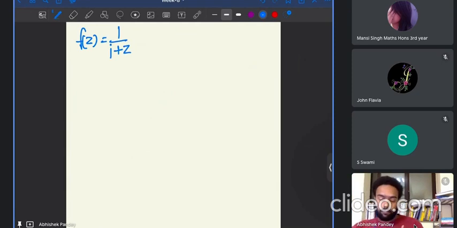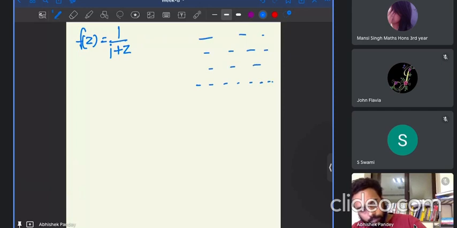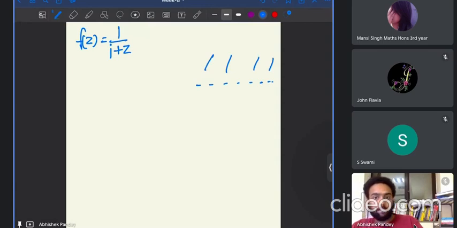So this is holomorphic on the upper half plane, isn't it? But it is not holomorphic in the lower half plane.